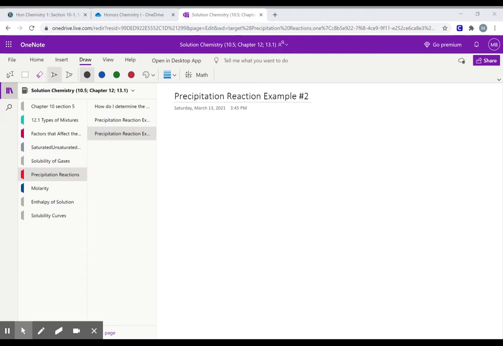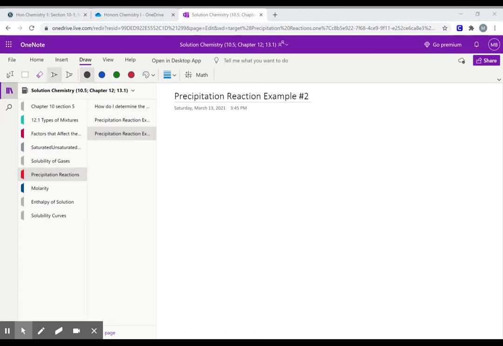Adding colorless sodium hydroxide to blue copper 2 nitrate produces a light blue precipitate. All right, so I'm going to ask the sub to pause the video here and give you a moment to use your solubility rules to come up with a possible precipitate for this reaction.